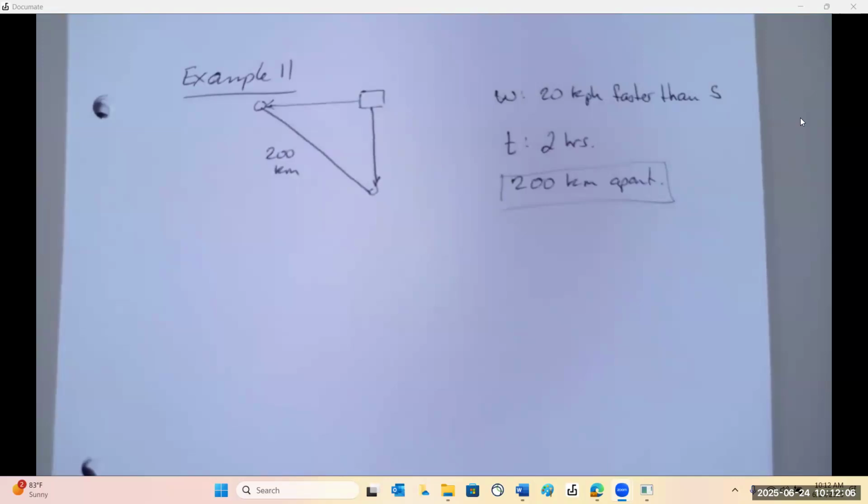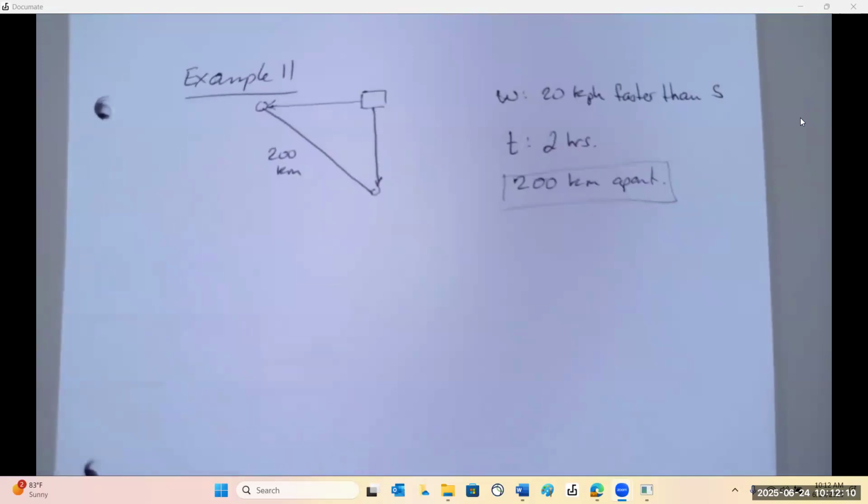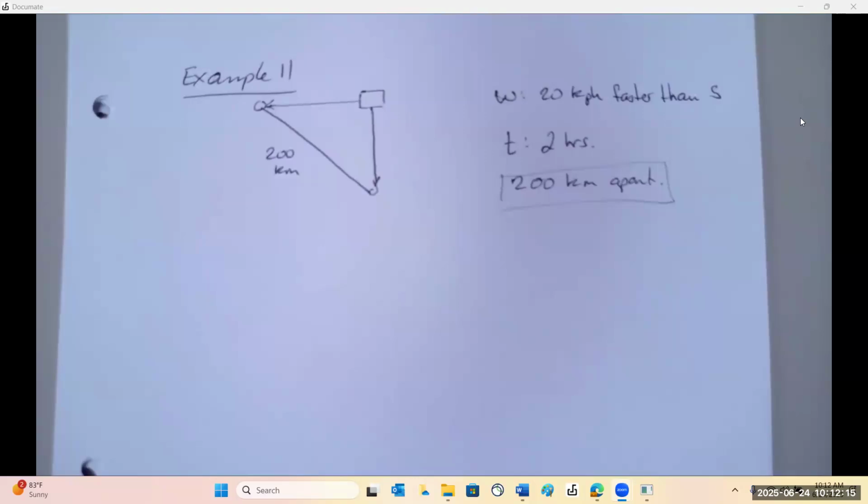Do we get quadratic just yet? We have to set it up first. How do we set it up? What formula do we know that describes this picture?